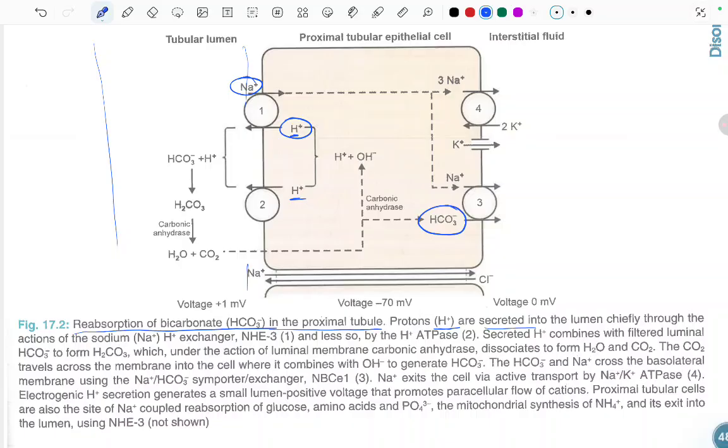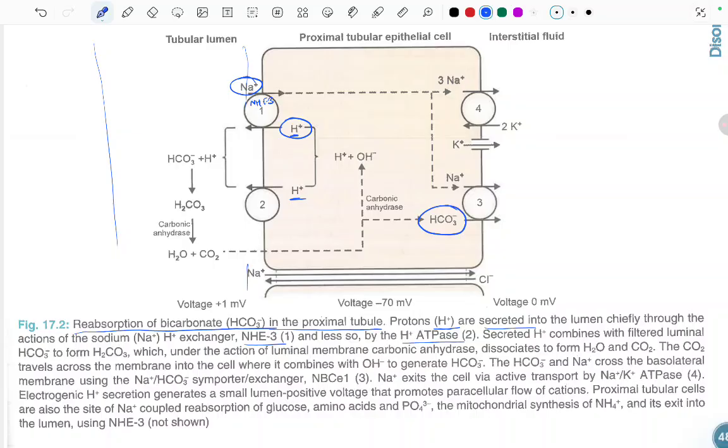First one is the sodium hydrogen exchanger 3, and less by the hydrogen ATPase. Fine, so this hydrogen is secreted into the lumen also by the hydrogen ATPase.